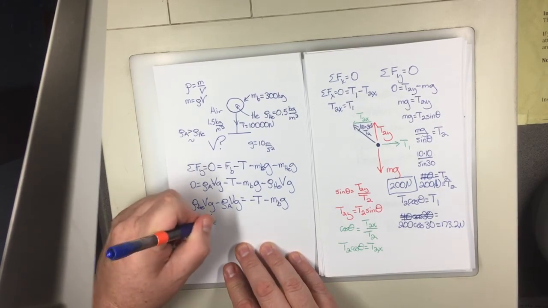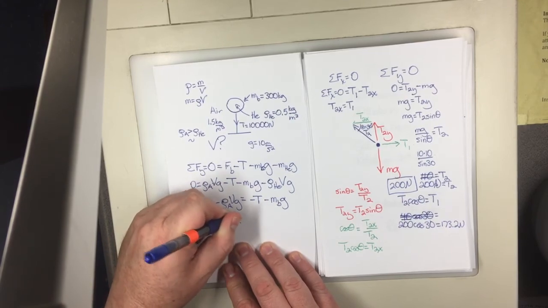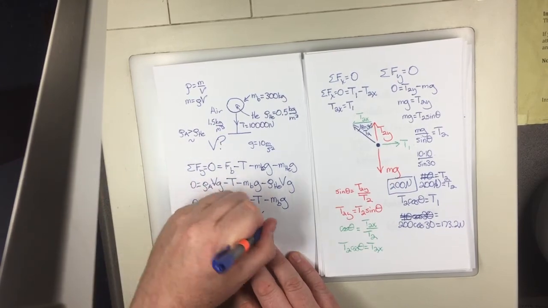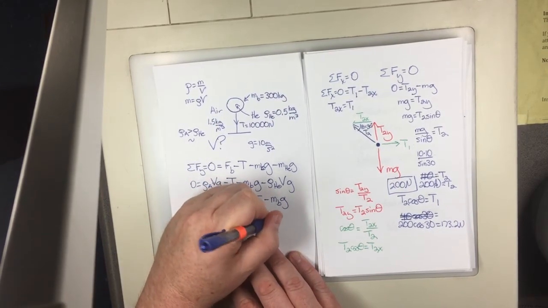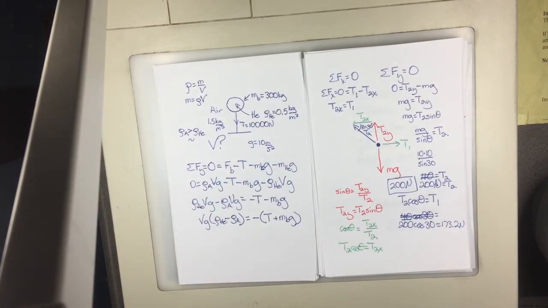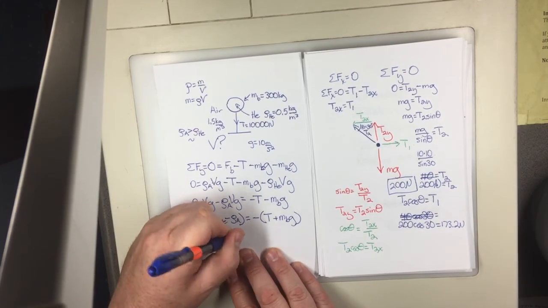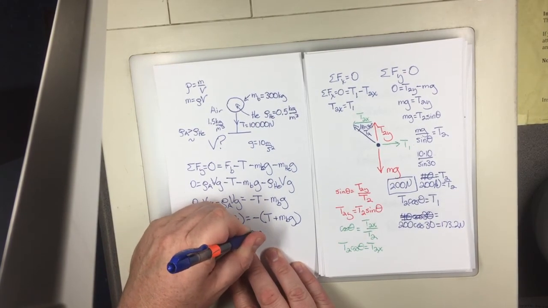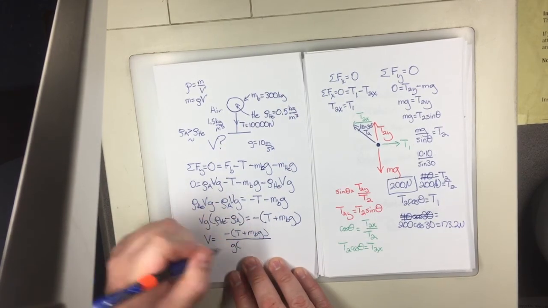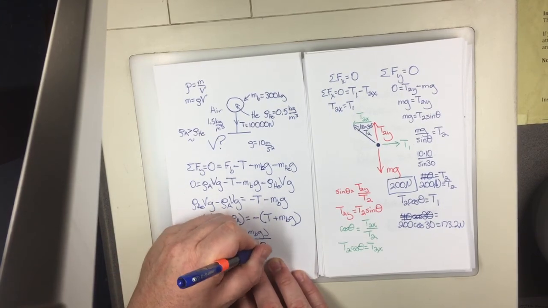Vg times density of helium minus density of air is equal to, I just hate negative signs sticking out, so I'll just factor it. And I get this. So volume is negative T plus mBg over g times density of helium minus density of air.